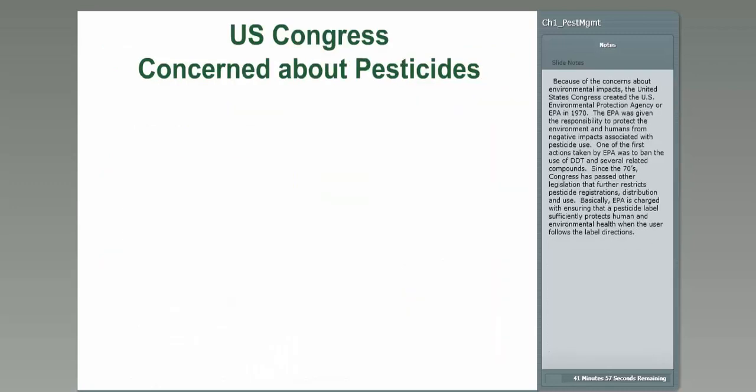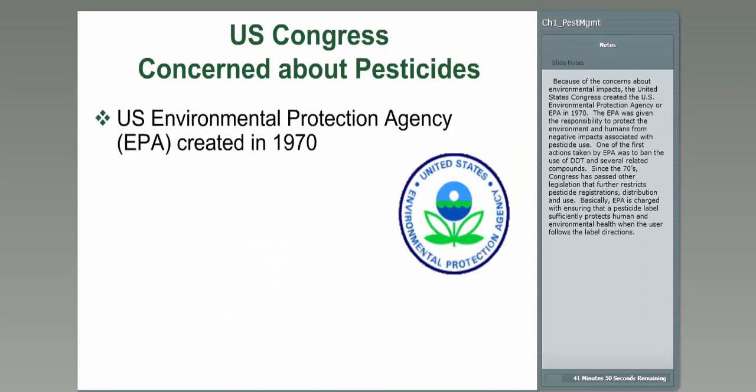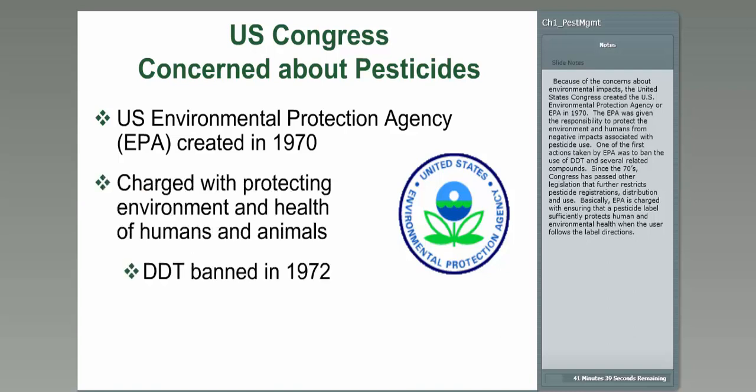Because of the concerns about environmental impacts, the United States Congress created the U.S. Environmental Protection Agency, or EPA, in 1970. The EPA was given the responsibility to protect the environment and humans from negative impacts associated with pesticide use.